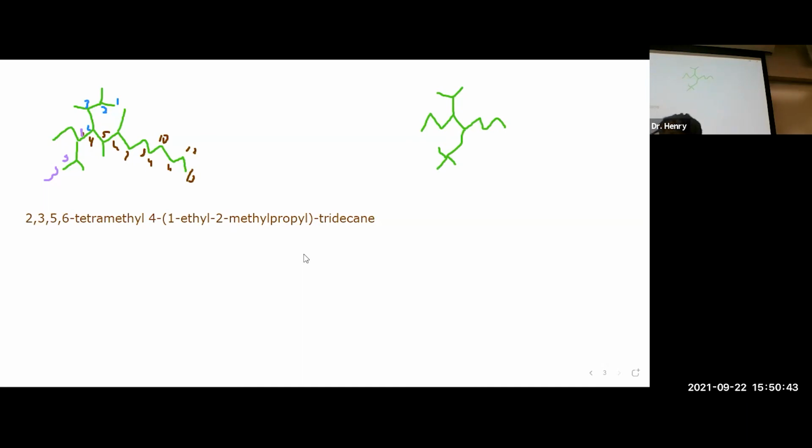IUPAC, yes. IUPAC names are always going to have a lot of numbers. Common name is going to be iso, tert, but IUPAC, yeah, because that's what everybody is moving over to.